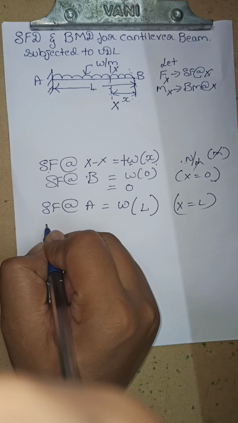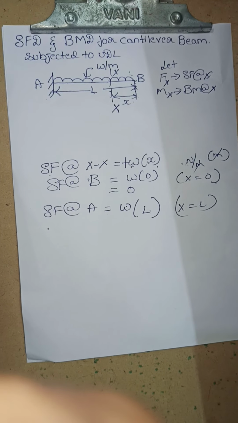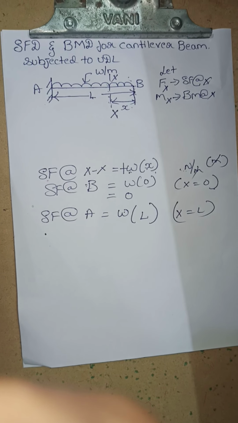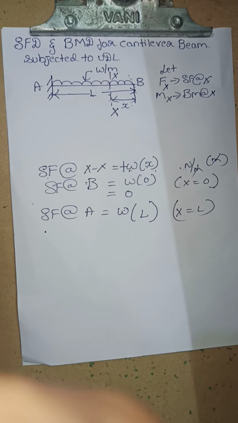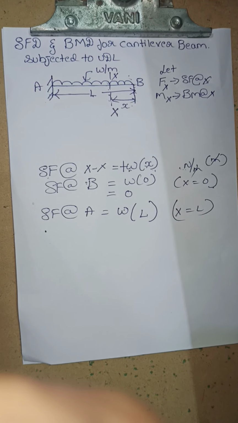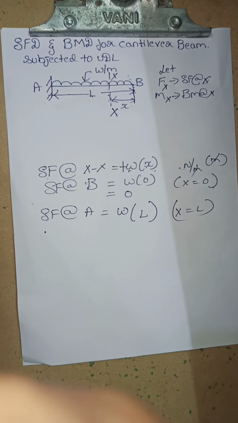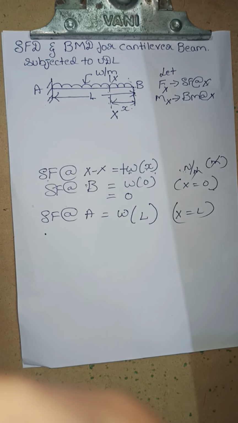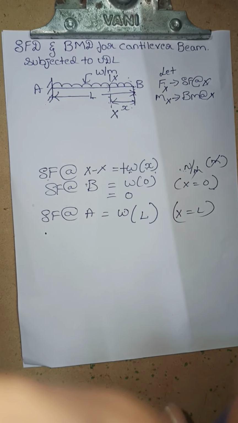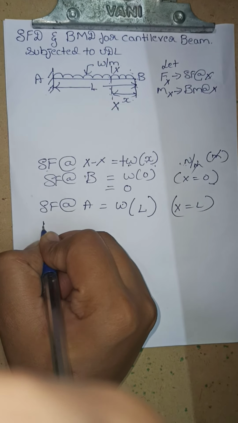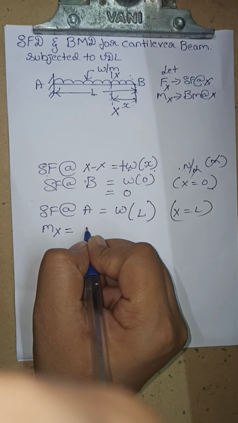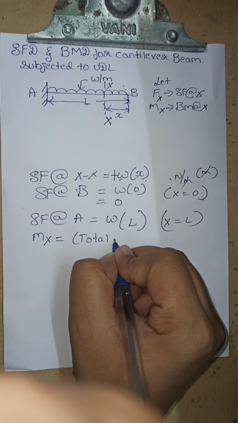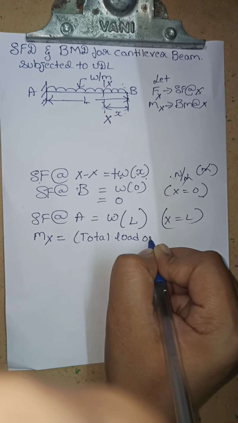Now coming on to the calculation of the bending moment. If I want to calculate the bending moment at the section XX, it is mentioned that the uniformly distributed load over the section is converted into the point load acting at the CG of the section. So bending moment at the section XX, suppose Mx is equal to the total load on the right portion.